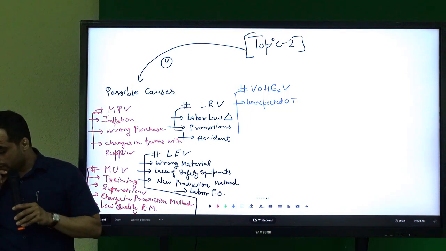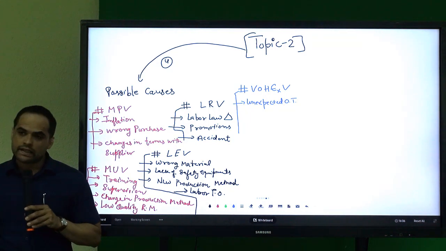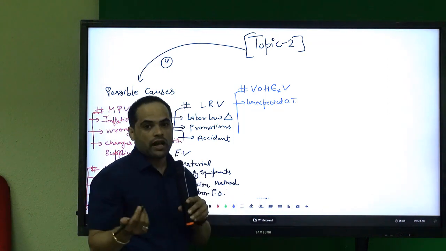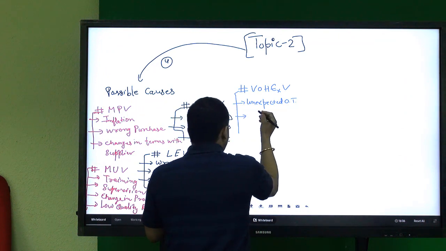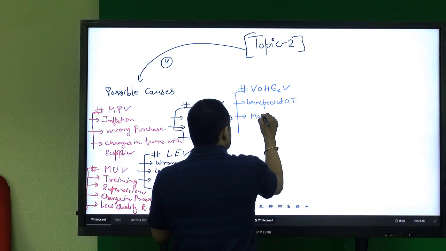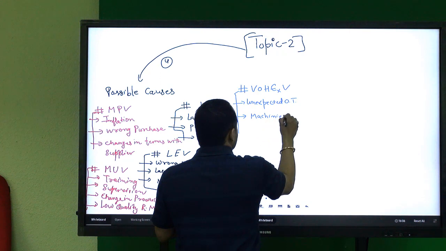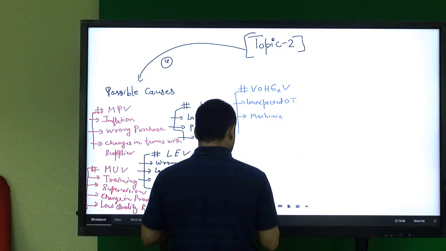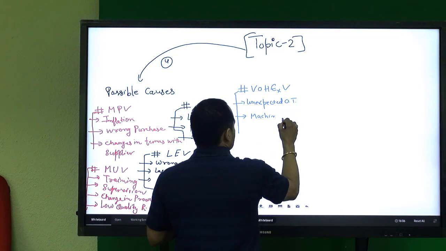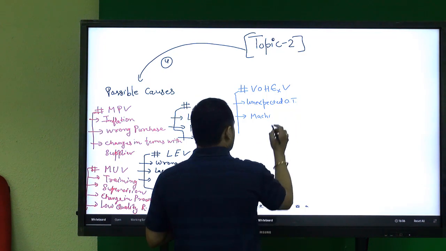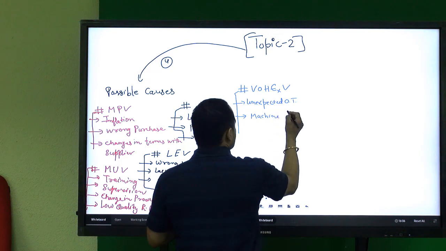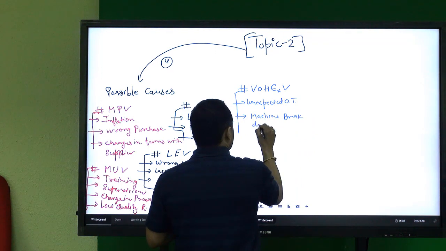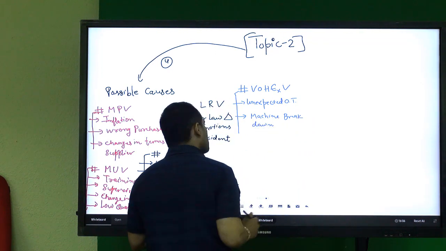Next could be, because it's labor hours and machine hours, if a machine broke down, so machine downtime, machine breakdown.